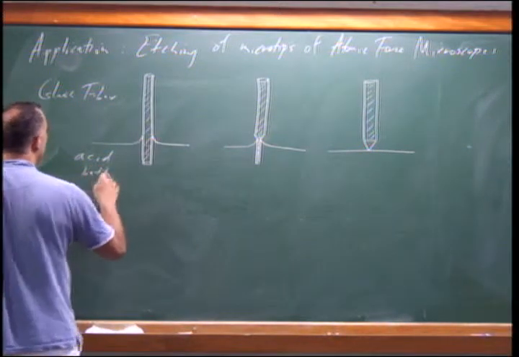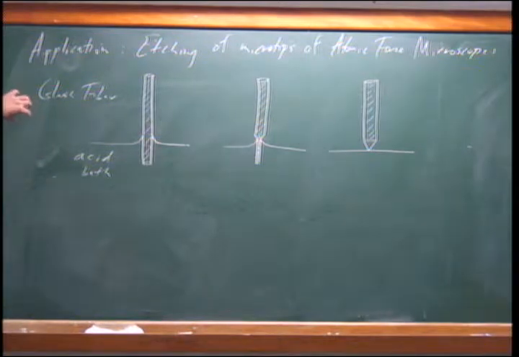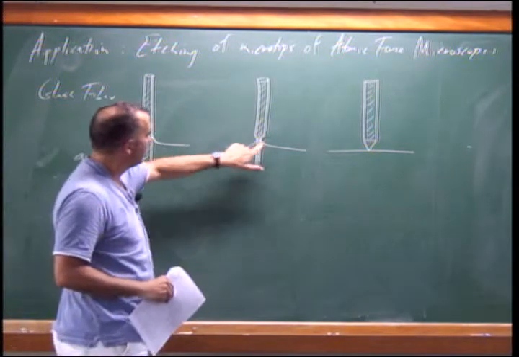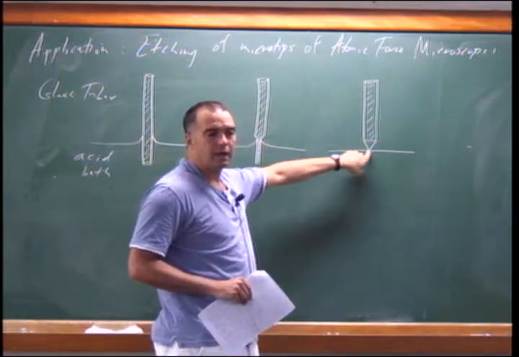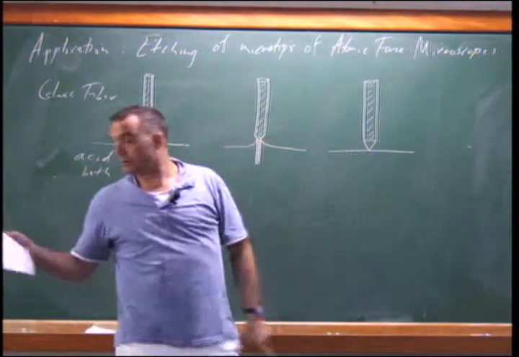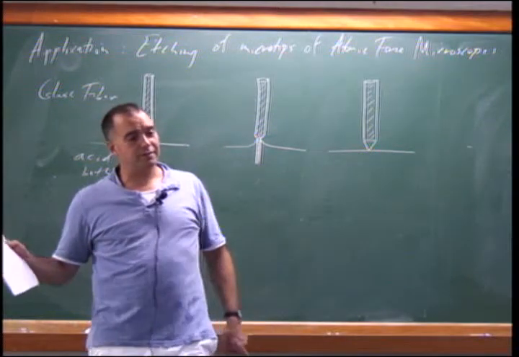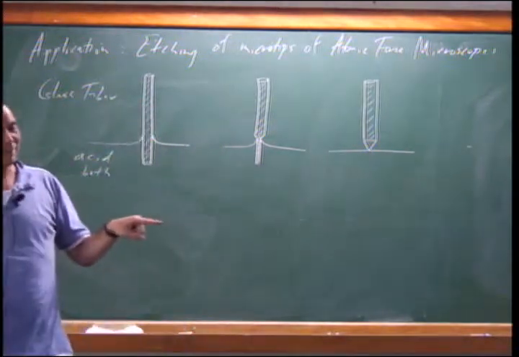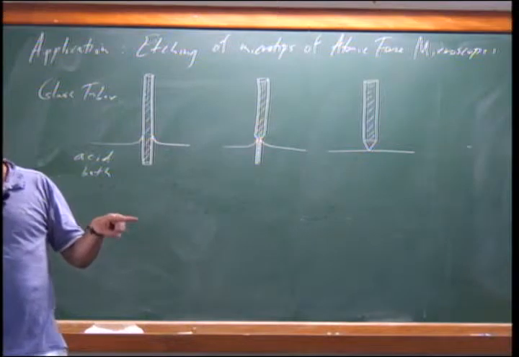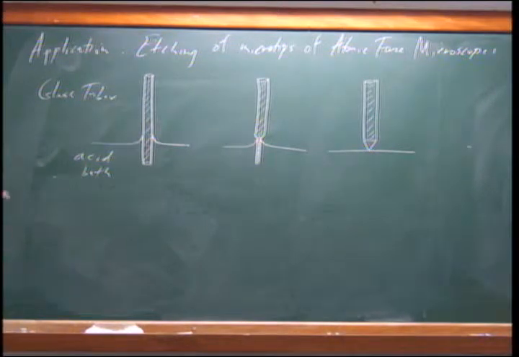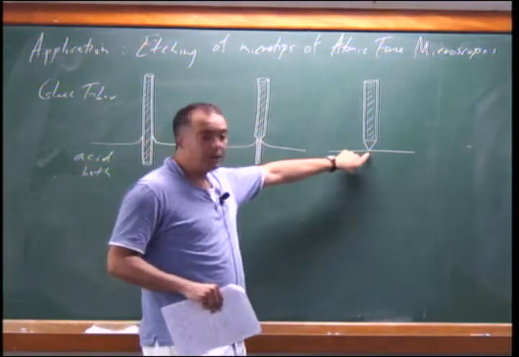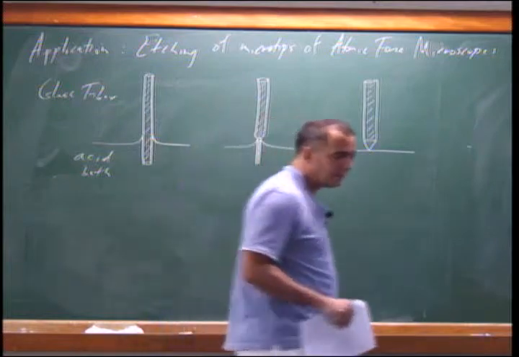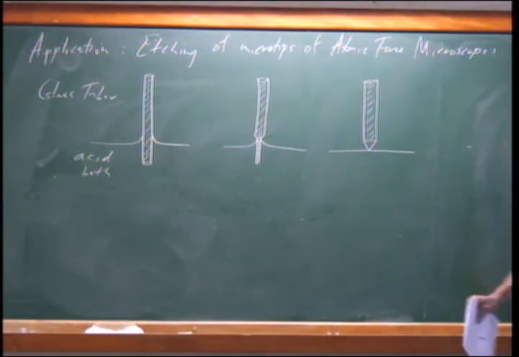You're basically submerging a glass fiber in acid, and as it erodes, the meniscus retreats. Again, because of this dynamics, it doesn't stay at the capillary length as it would if it was a two-dimensional meniscus. By virtue of the fact that it's a three-dimensional meniscus, the thing is going to retreat. And it comes down, and so you basically etch to a point, and then you have this very sharp tip.